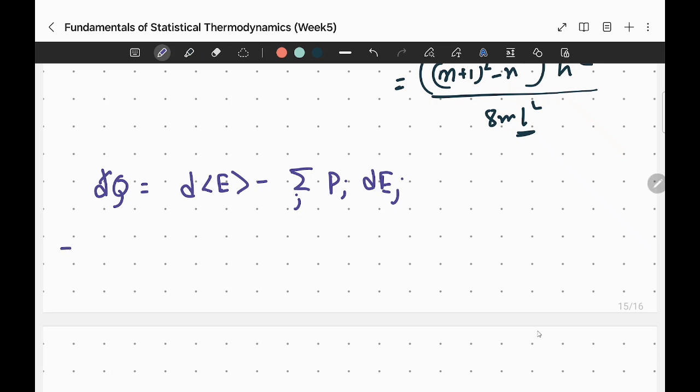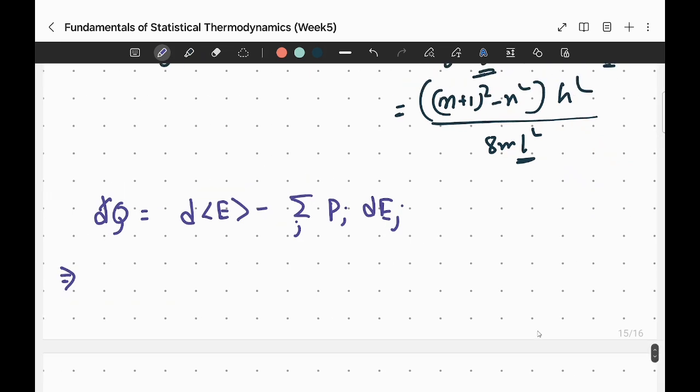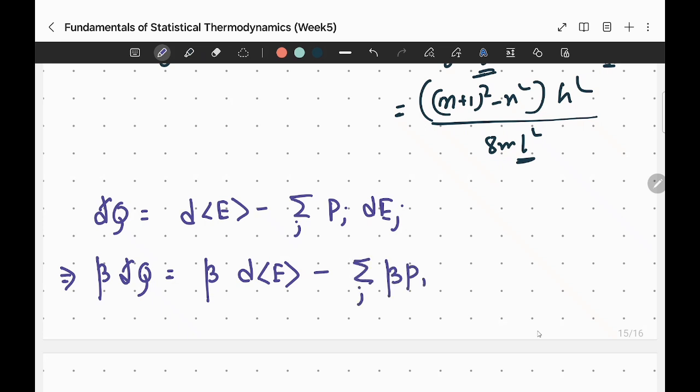So you can write it. If you multiply it by beta, what will be the change? If it is beta d̶Q, then it is beta times the average minus beta sum p_j dε_j.